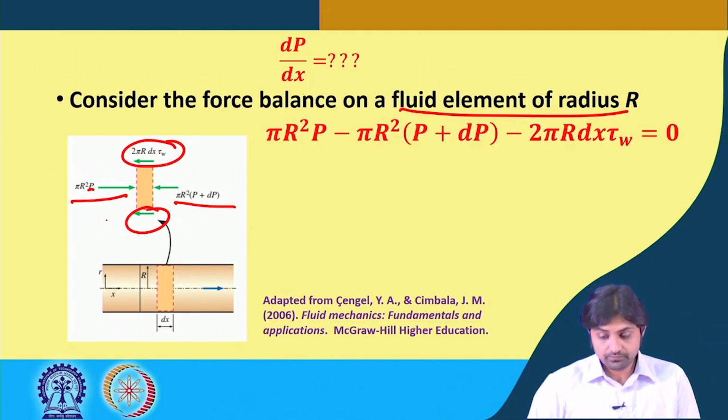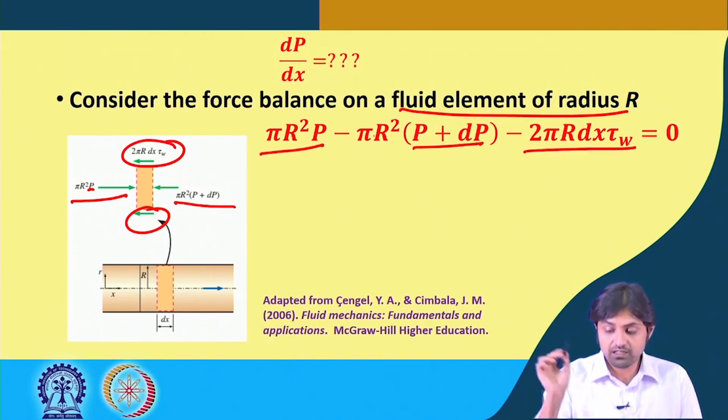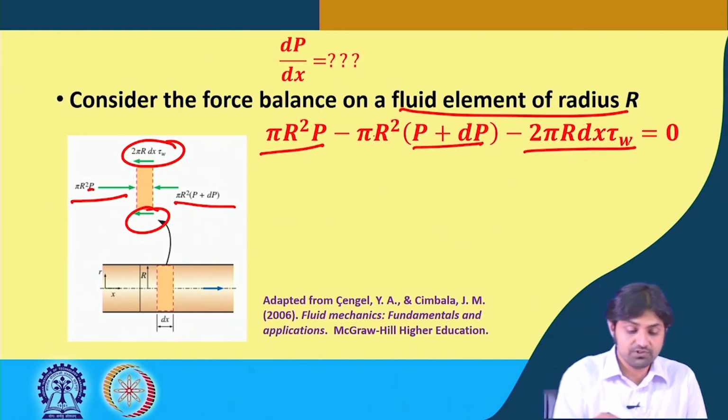This is the tau w, the wall shear stress. So almost the same type of equation is there: pi r square P minus pi r square P plus dP, force balance, minus 2 pi r dx tau w. So this is the wall.